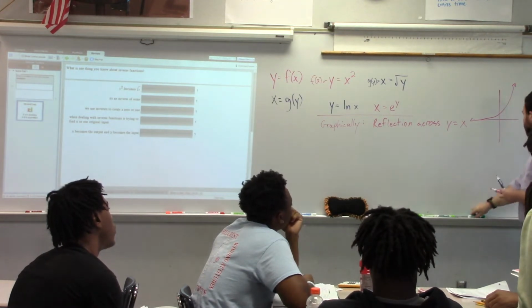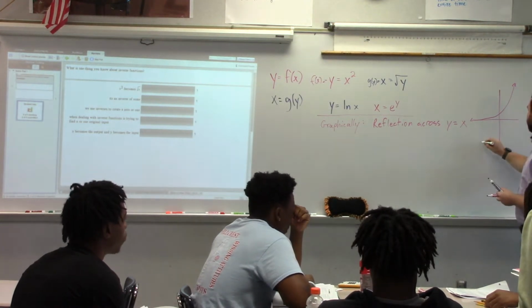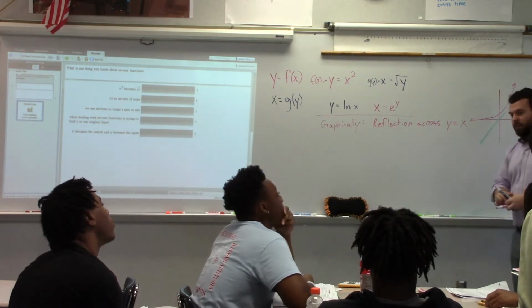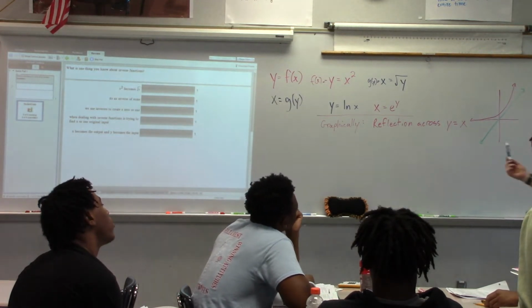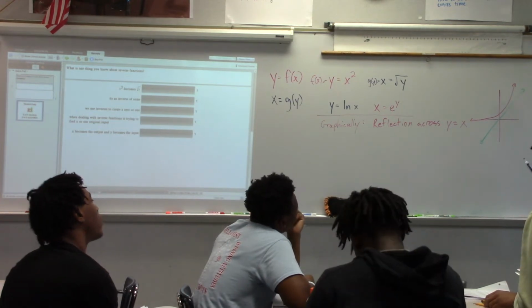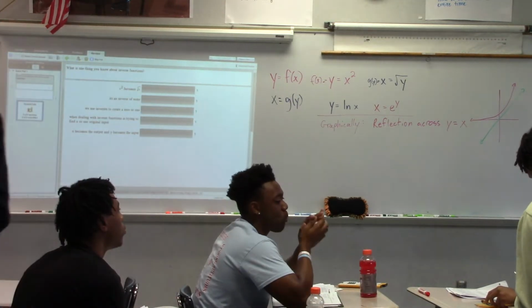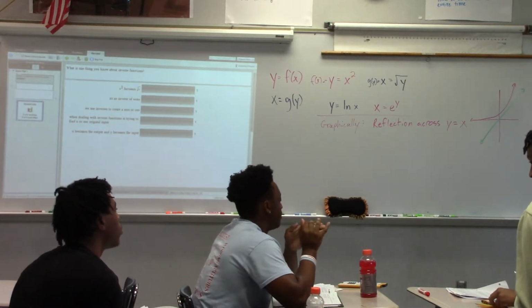So if I reflect, even though you don't know what a natural log function is yet, anybody want to come up here and give me a sketch of what the natural log function might look like? Just make a guess, come on. We just need to make a prediction. We don't have to get it right, we'll discuss it.